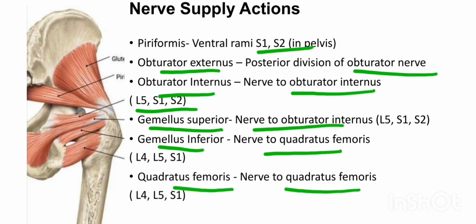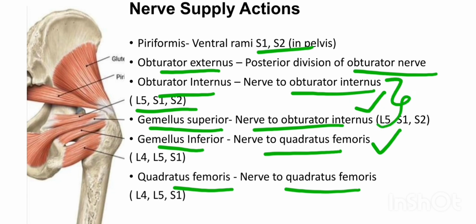Here the two gemellus muscles differ in nerve supply: the gemellus superior is from the nerve to obturator internus, and the inferior is from the nerve to quadratus femoris. Otherwise, the other muscle supplies are easy, as they are related to the name. The obturator internus has the nerve to obturator internus, and the superior gemellus has the same nerve supply.